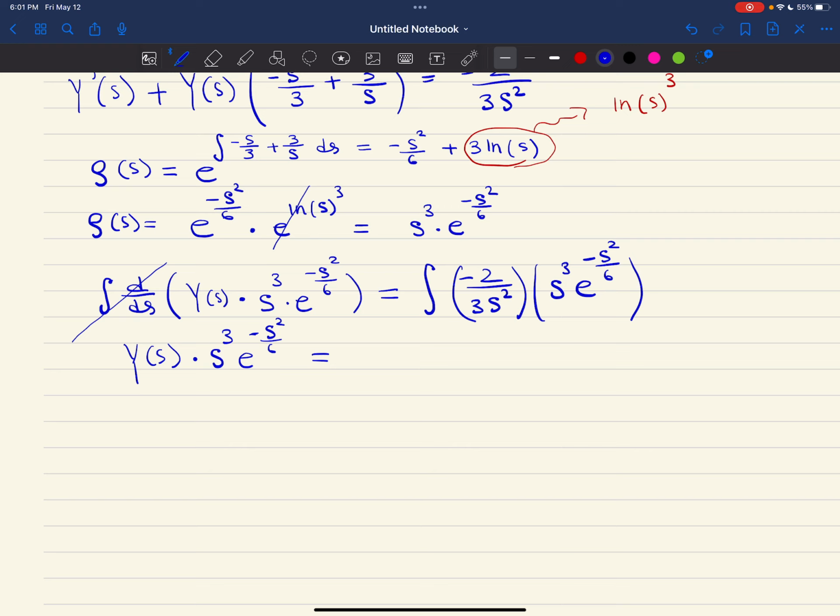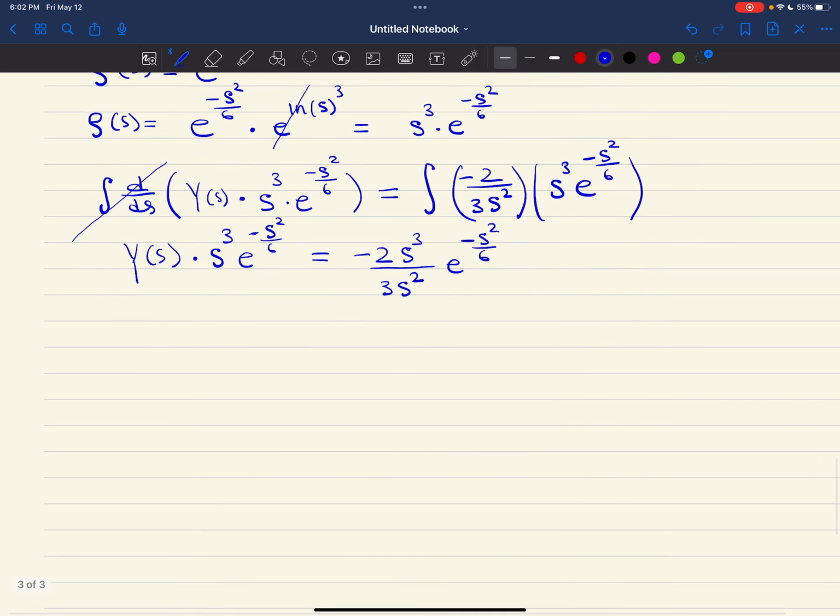We'll get something like negative 2 s to the power of 3 divided by 3s squared, e to the power of negative s squared divided by 6. Now check this out. You would get something like this on the bottom for the right hand side.